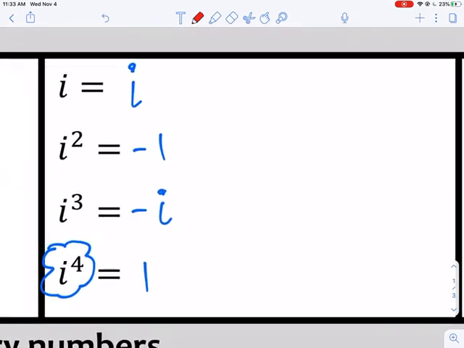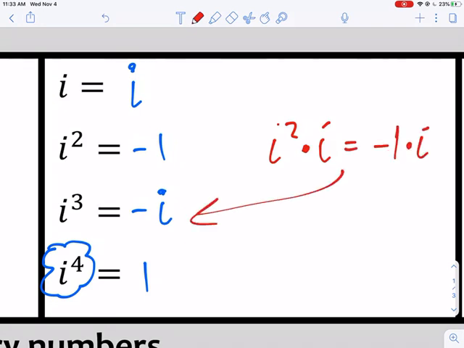Here's our little key over here. i is obviously i. i squared is negative 1, which we just found out. Well, if I take i squared and multiply by another i, so I take negative 1 and multiply by another i, that's how I get that i to the 3rd power is negative i. And i to the 4th is 1. And that's going to be a big hitter for us as well. We're going to use that a ton.